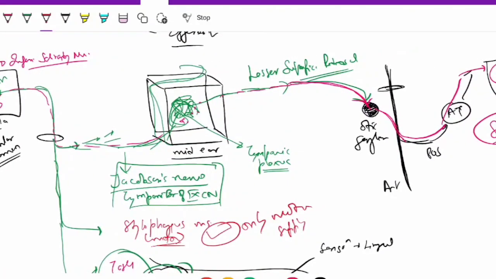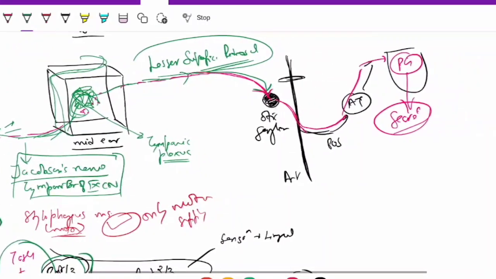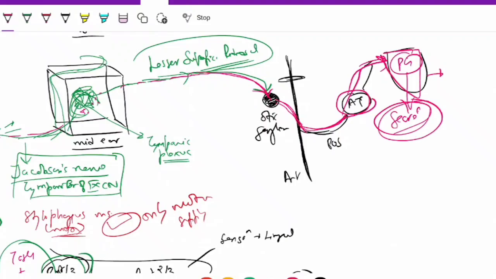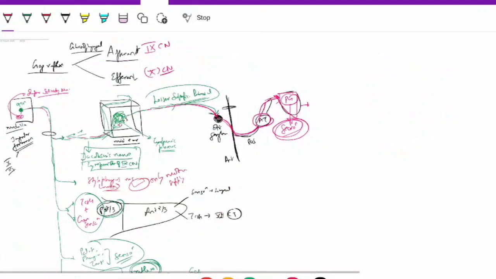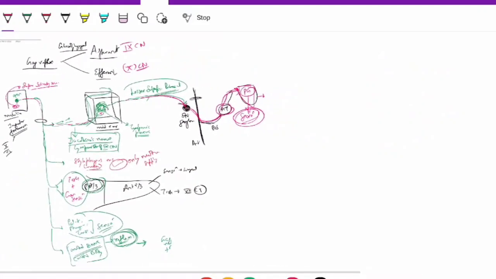This tympanic plexus gives off a branch known as the lesser superficial petrosal, which goes to the otic ganglion, and through the otic ganglion it goes to the mandibular nerve, to the posterior division, to the auriculotemporal, and along with the auriculotemporal it reaches the parotid gland and causes secretion. And hence we have covered our glossopharyngeal nerve as well.